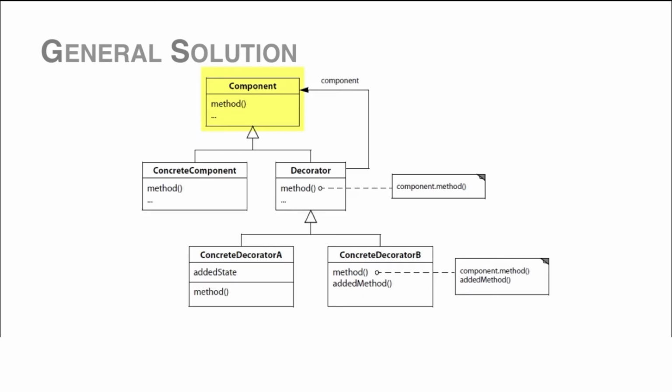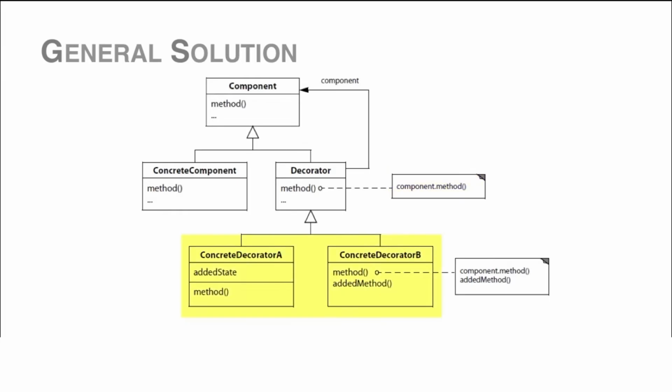We have some component. There are various concrete components that we can decorate or add functionality to on some method. It was paint in the example of the text box, but here generically some method. We want to decorate. We create a decorator that implements a very particular behavior. So there's an abstract decorator that really just forwards to the component.